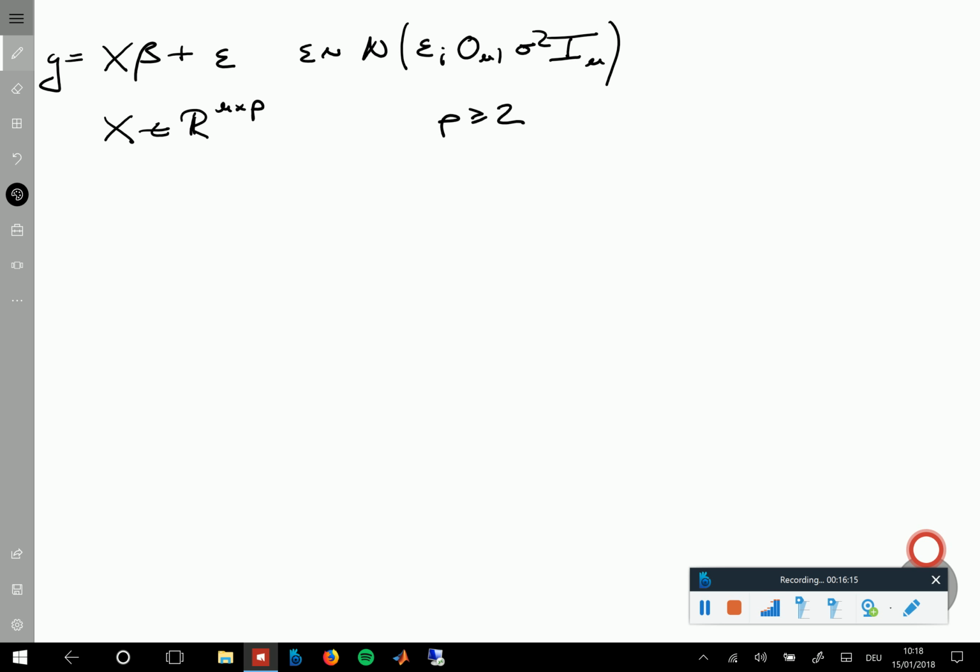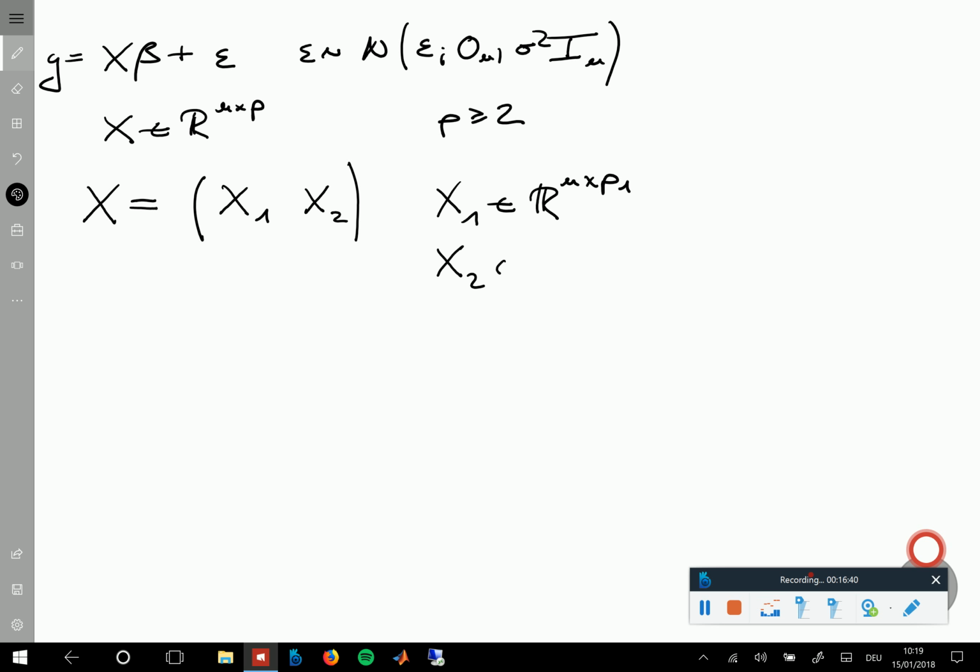Normally it has more. So we can write the design matrix as follows: X1 and X2, where X1 is an n times P1 dimensional matrix, so it has P1 columns, and X2 is an n times P2 dimensional matrix, so it has P2 columns, and P1 plus P2 equals P. I guess one might want further restrictions so that P1 is at least 1, but we don't want to over formalize things.